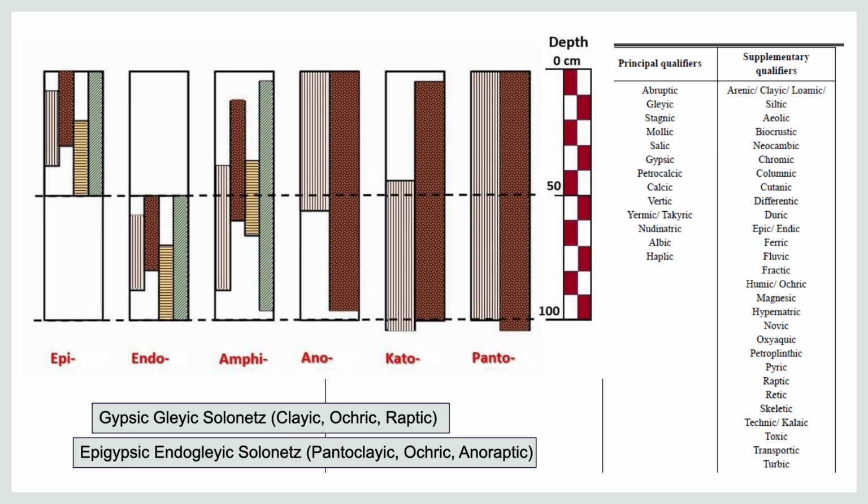We also have the term amphi. The term amphi is used for qualifiers or diagnostic horizons that start after 0, they don't start at 0, and they end after 50 but before 100.